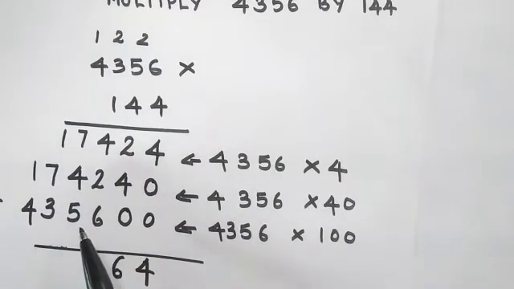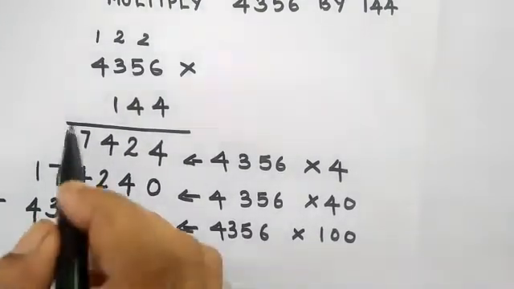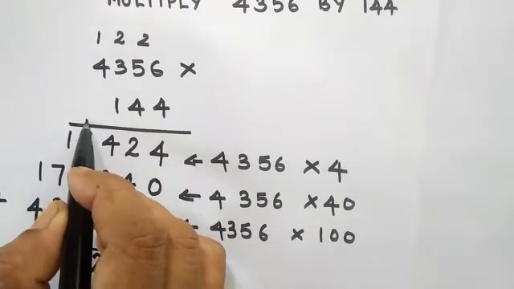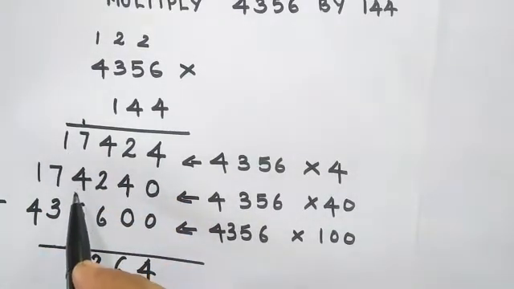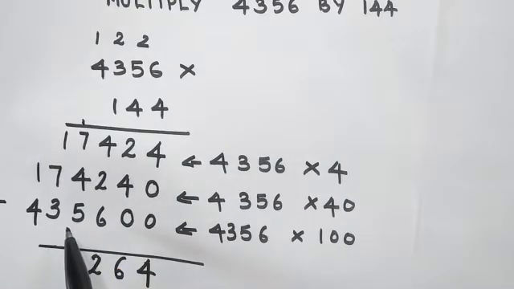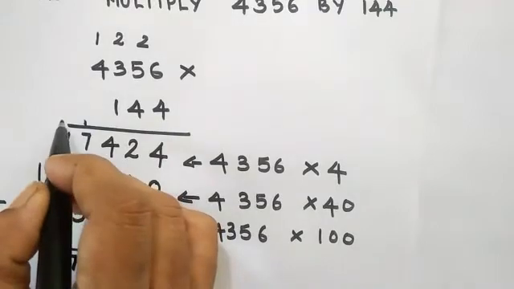What is 6 plus 6 or 6 into 2? 12. Then 1 is remaining there. 7 plus 1, 8 plus 4, 12 plus 5, 17. Then 7. Then remainder 1.